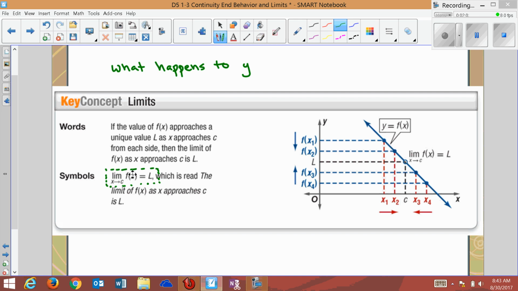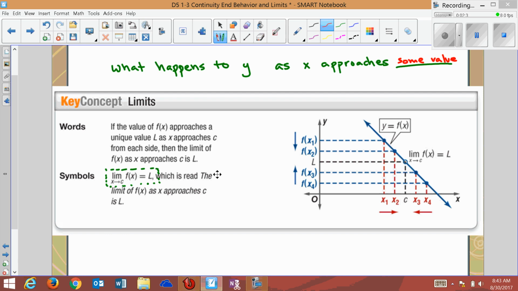So this is what happens to y as x approaches some value. I'll just do a blank here so you know that you'll plug in something else there. So that's how you read this: what happens to y as x approaches some value. So this is what happens to y as x approaches, in this case, c.